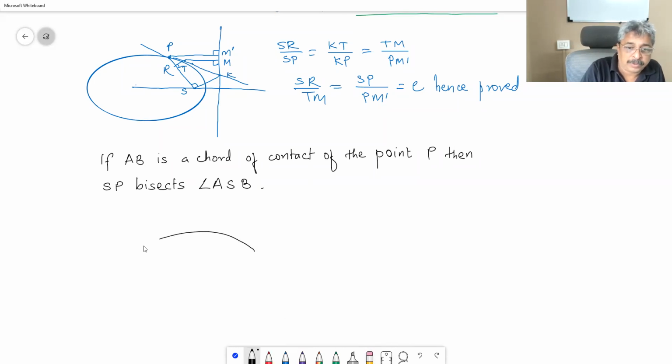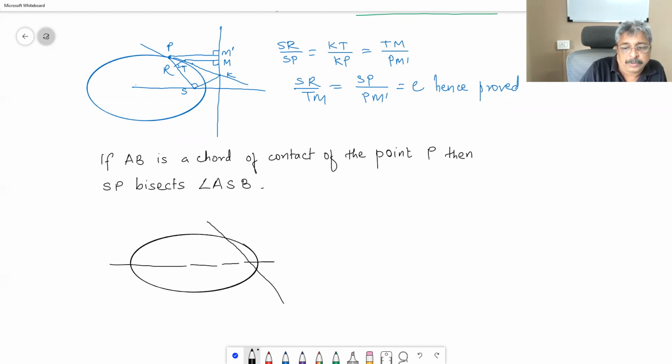So you have an ellipse, then AB is a chord of contact. Suppose your focus is here.